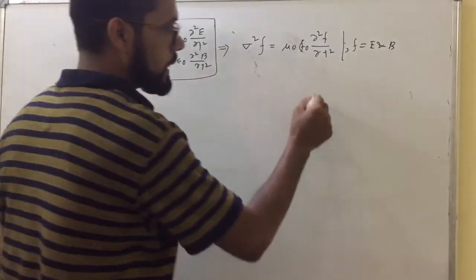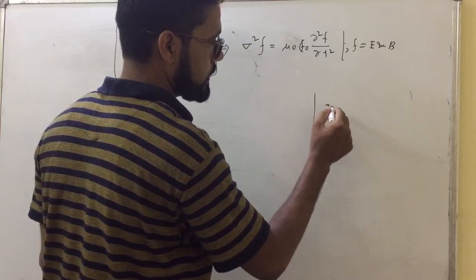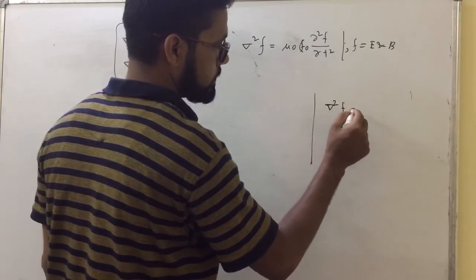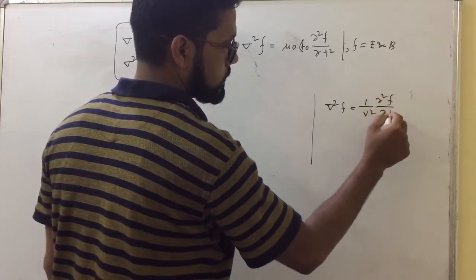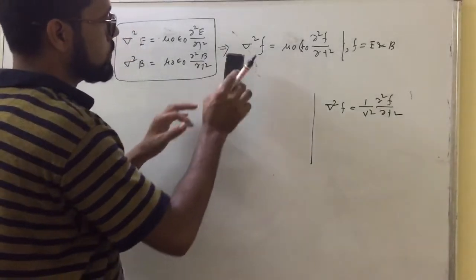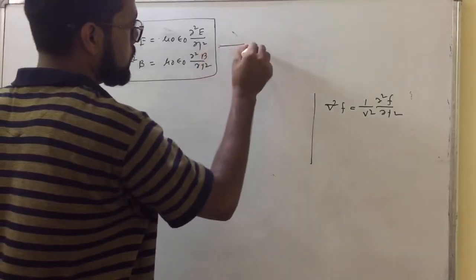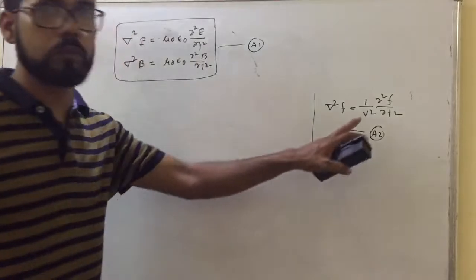Now the mechanical wave equation, the classical wave equation. If you see the classical equation, you will find del square F equal to 1 by V square del square F by del t square. This is the classical wave equation. You no need to remember, it's just equation number 1. This is equation number 2. This is the classical wave equation.